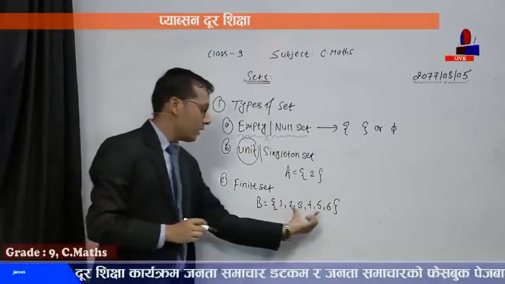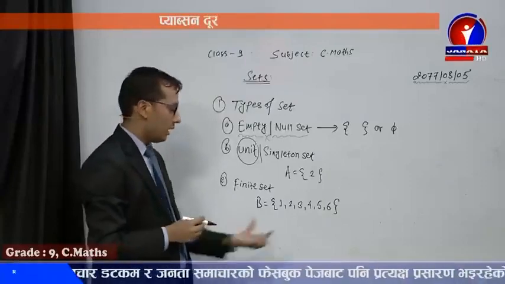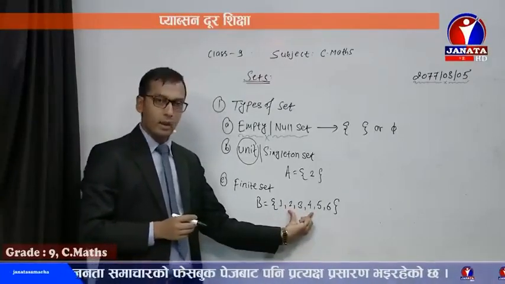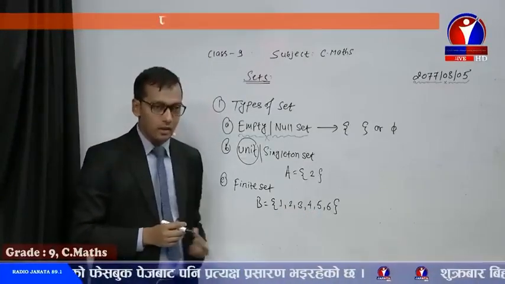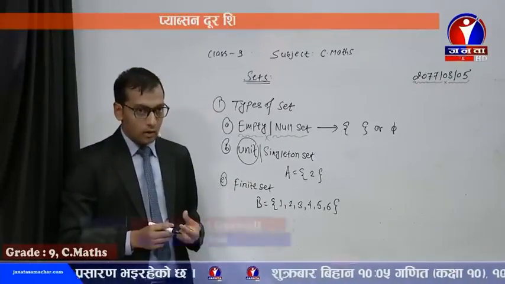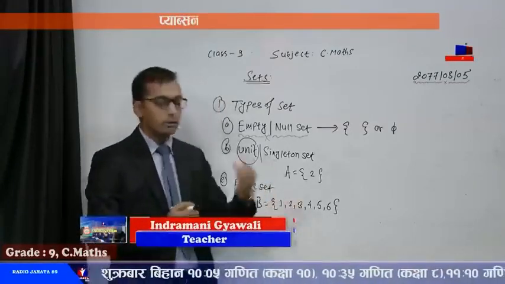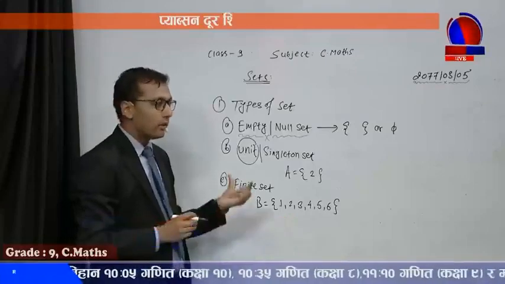So here is a fixed number of elements contained in a set. There are limited number of elements contained by the set. So this is called finite set. The meaning of finite is limited.